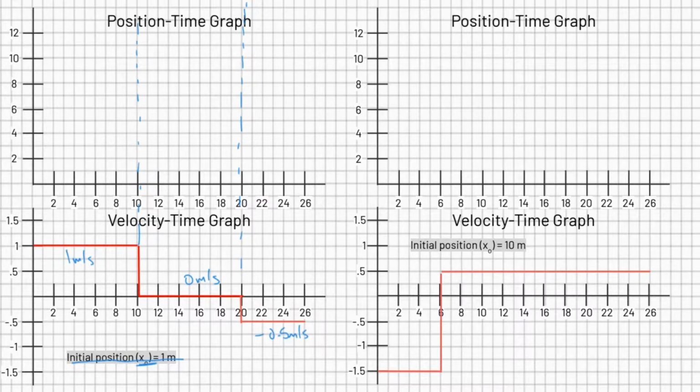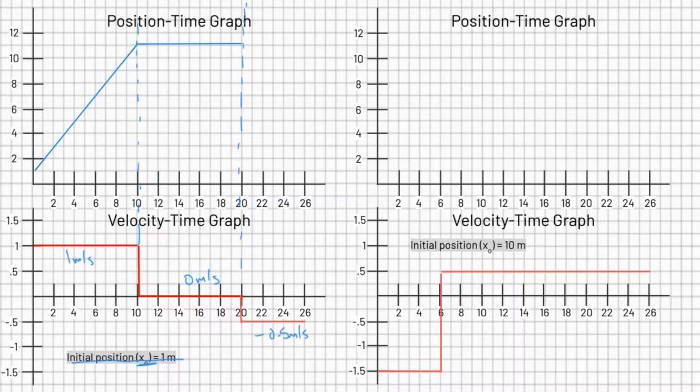Okay, so we're starting at 1 and we're going up 1 meter a second. So we're going to start here at 1, and at 10 we're going to be at 11 on the position time graph. Then we have a 0 velocity, so on a position time graph, that means a flat line, so no motion there.